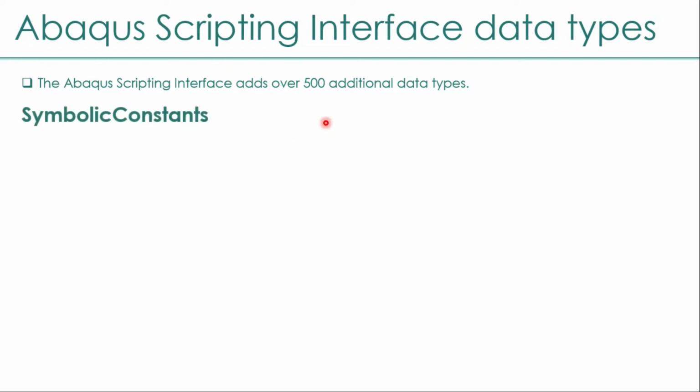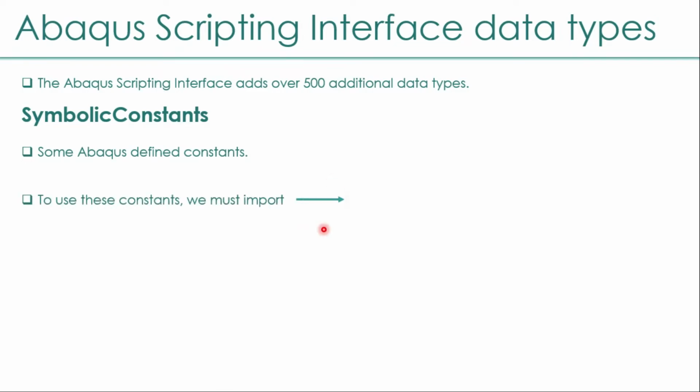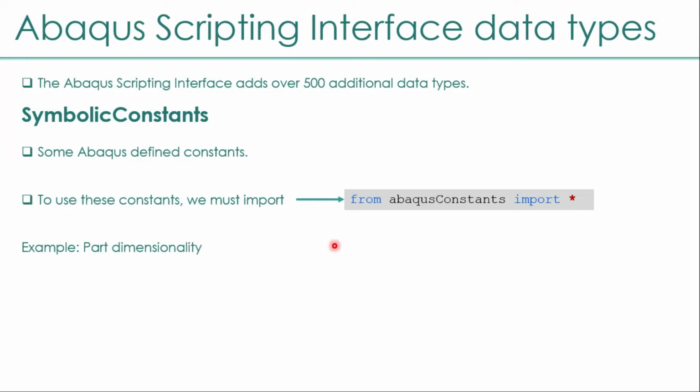First of all, we will discuss the symbolic constants. What are symbolic constants? They are some specific constants that Abaqus has added. To use these constants, we have to import one statement, that is abaqusConstants. An example is when we are creating any part, we have to define the dimensionality of that part, for example a 2D object or a 3D object.